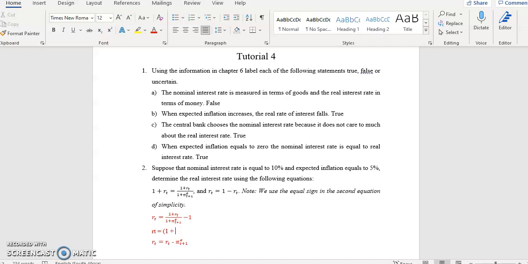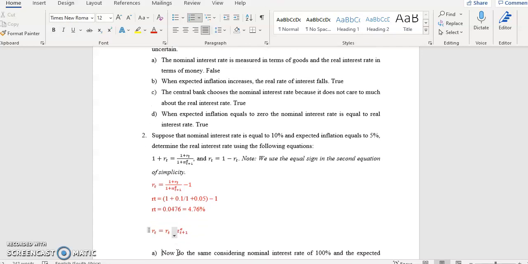So our nominal interest rate is 10%, that is 0.1 in this case, divided by 1 plus the expected inflation of 5%, that is 0.05, and then minus 1 from all that. If you calculate this, you get 0.0476. That means our real interest rate from this equation is 4.76%.